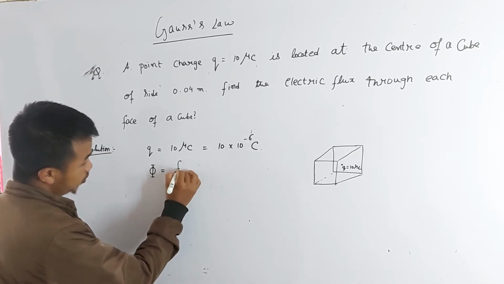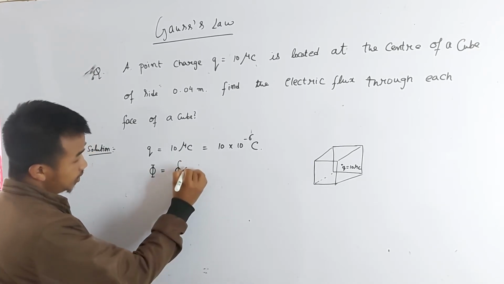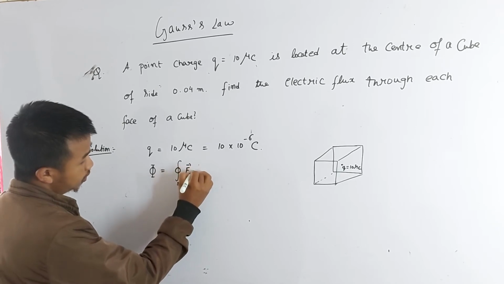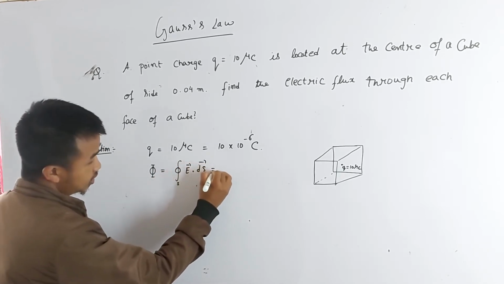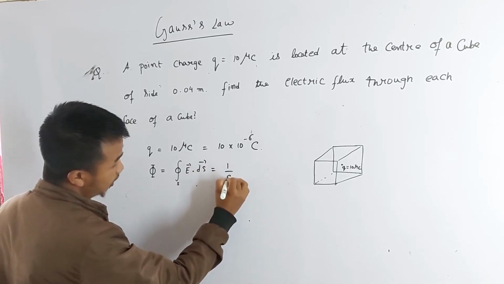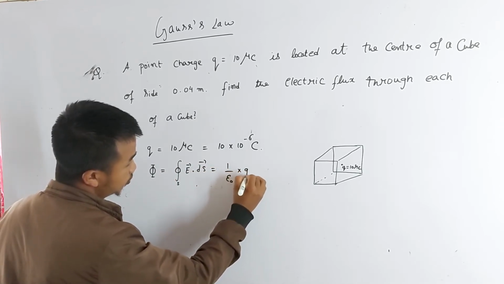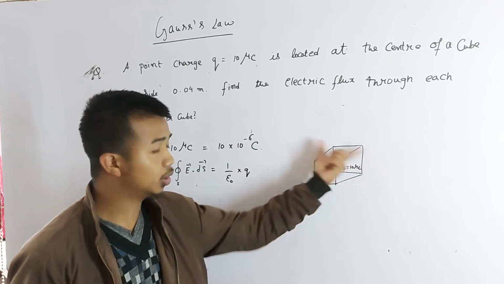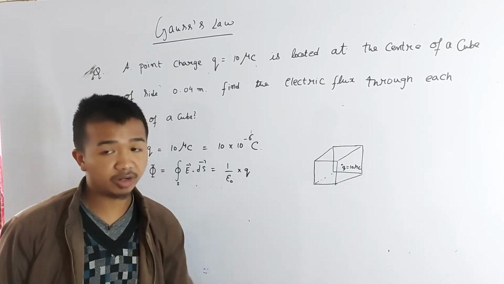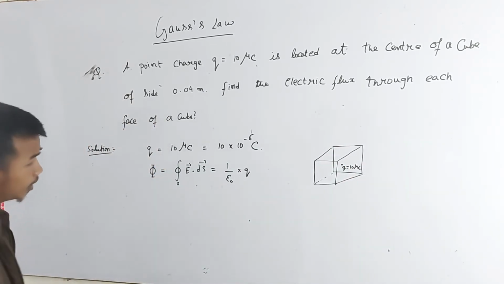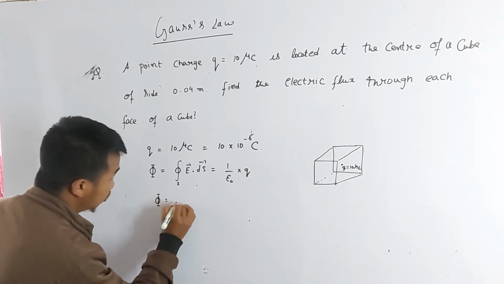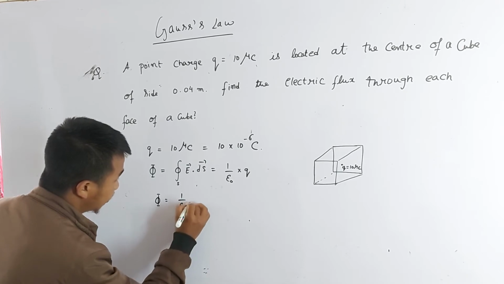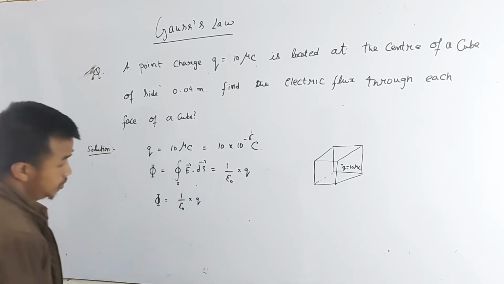So this is equal to the surface integral of E dot ds, and this is equal to 1 by epsilon naught times q. Here the total charge enclosed within the surface is 10 microcoulomb. So the flux is equal to 1 by epsilon naught times q.